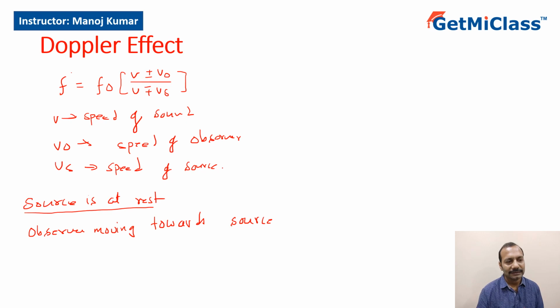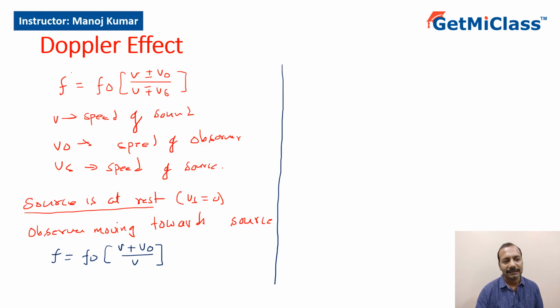So if the source is at rest, I can write vs equal to 0. So f equals f naught into, because the frequency increases, the speed of sound plus the speed of observer, by v. This would give the apparent frequency.